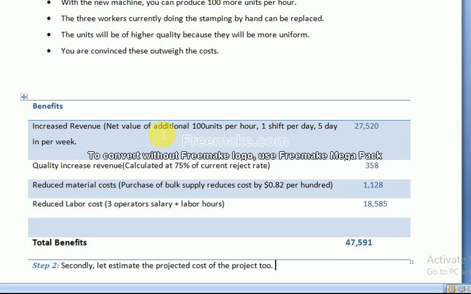Look at the net value of the additional 100 units per hour, in 1 shift per day and 5 days per week. 1 shift is 8 hours, and in a week 5 days are working days. So it means that per day we will produce 800 units more.